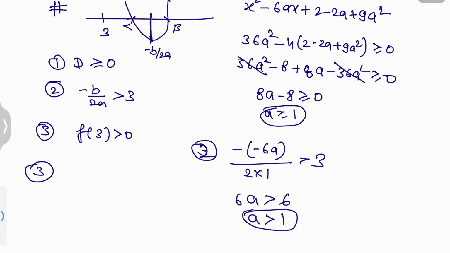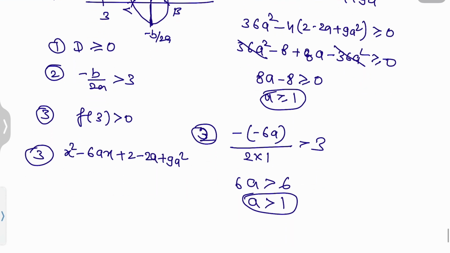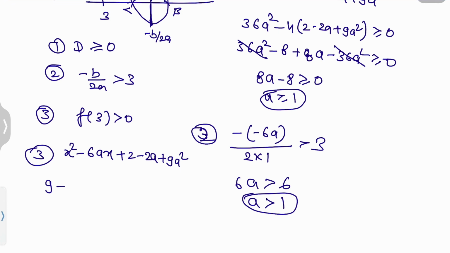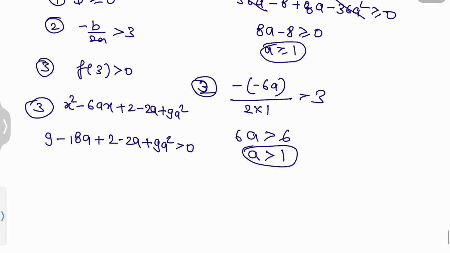Third condition, check f of 3. Put x = 3 in x^2 - 6ax + 2 - 2a + 9a^2. So 9 - 18a + 2 - 2a + 9a^2 is greater than 0. Because that time it is greater than 0. So 9a^2 - 20a + 11 is greater than 0.